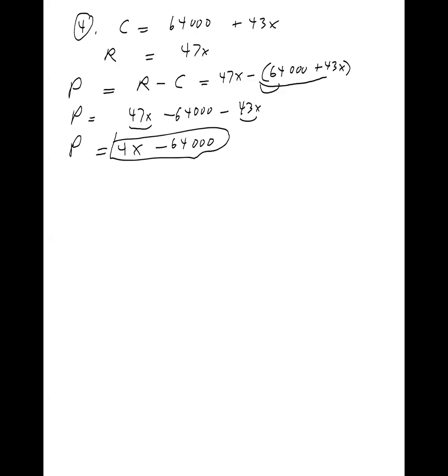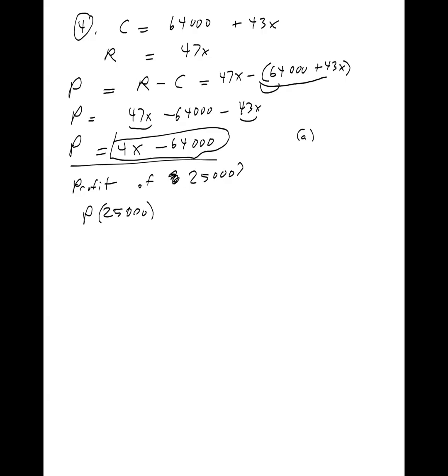Now we have to calculate the company's profit. So that's part A. Part B says we have to calculate the profit. What is the profit, it says, of selling 25,000 radios? So we have to plug in the number 25,000 into the formula.